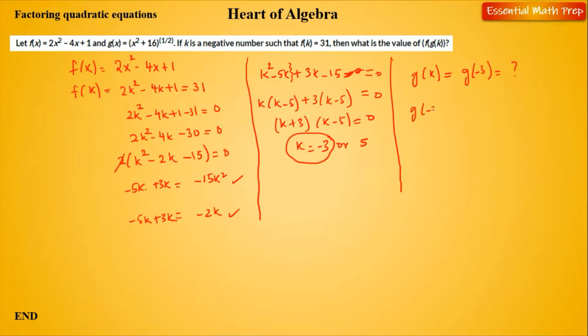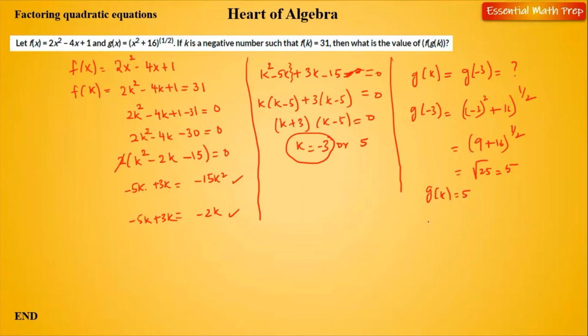It's negative 3 squared plus 16 raised to the power half. So that's 9 plus 16 raised to the power half, which is the square root of 25, so we get 5. So g of negative 3 is 5, so g of k is equal to 5.